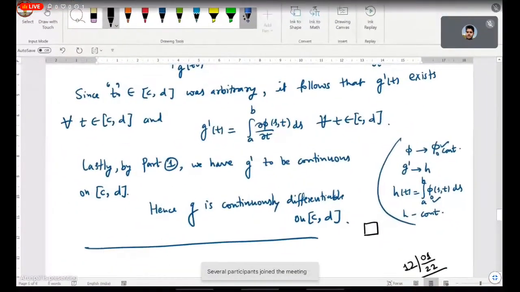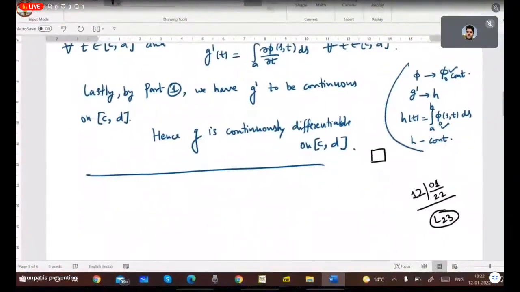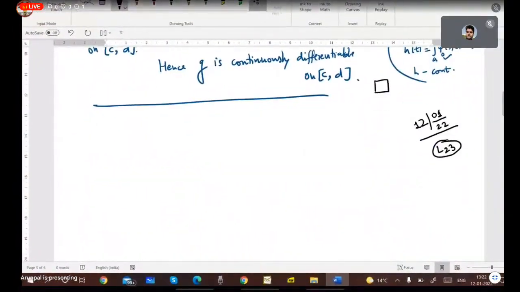So yesterday I told you about the Leibniz rule, and today, as an application of Leibniz rule, I'm going to take up this problem.